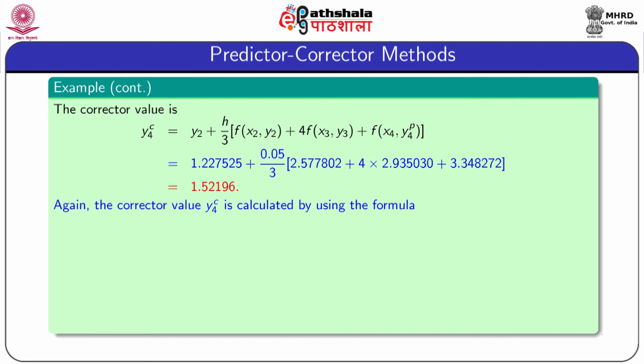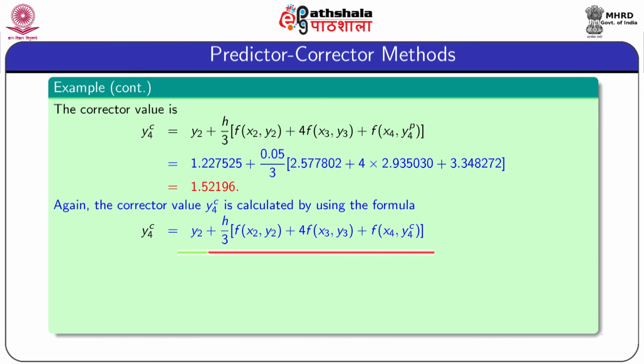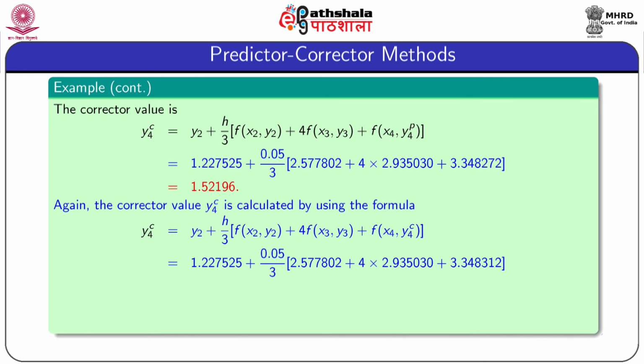Again the corrector value y4c is calculated by using the following formula: y4c equal to y3 plus h by 3 into f of x2, y2 plus 4 into f of x3, y3 plus f of x4, y4, and these are the values of the function f at x2, y2, x3, y3, x4, y4.